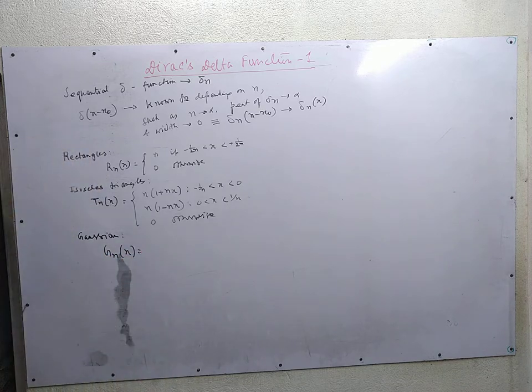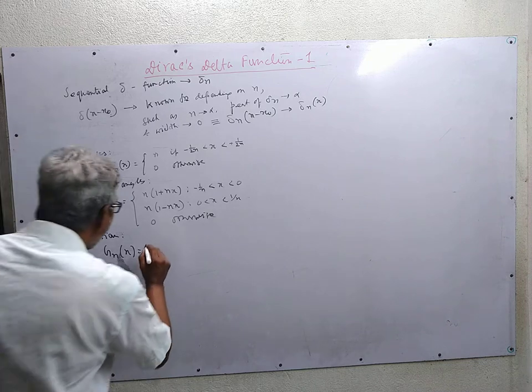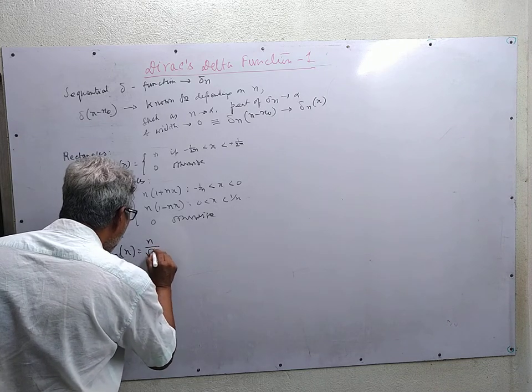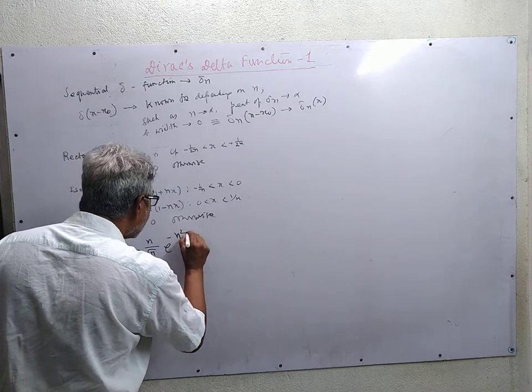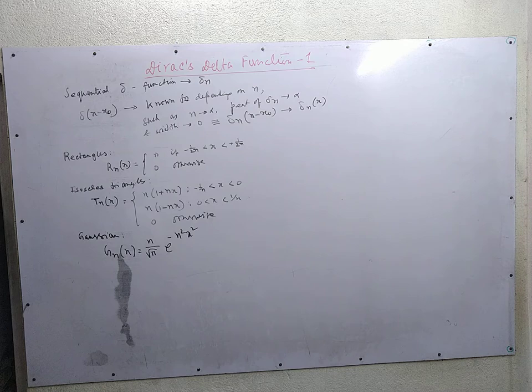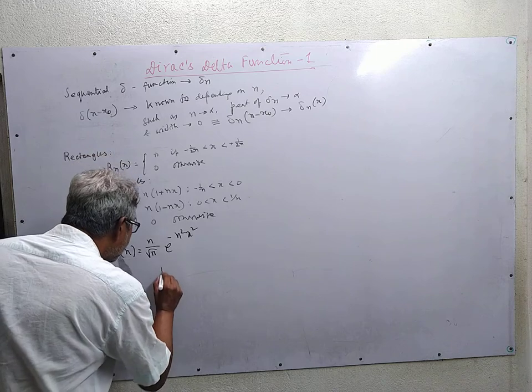Gn of x, the constant part is n upon root pi, times e to the power minus n square x square. This is the Gaussian. The Gaussian curve is like this.